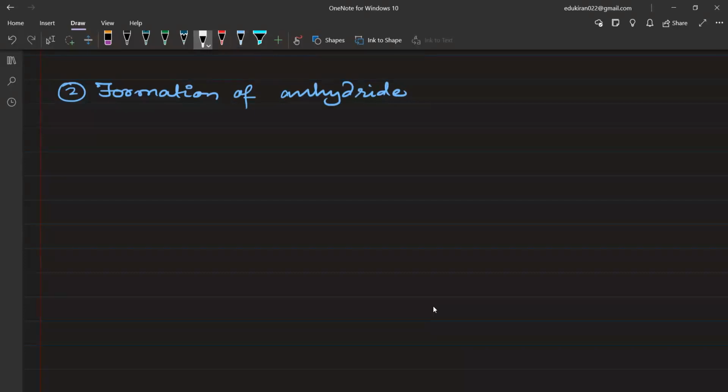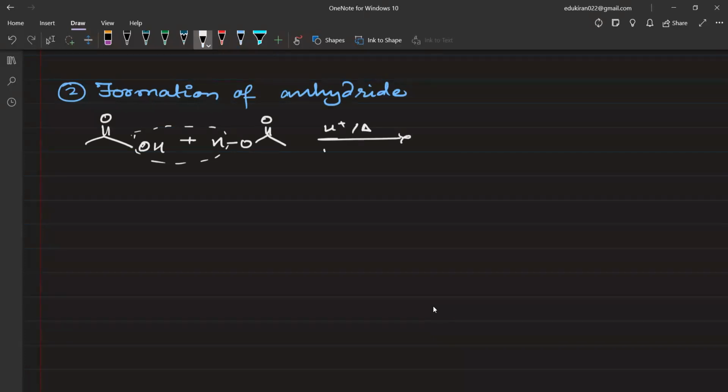If you have carboxylic acid such as ethanoic acid, then two molecules of ethanoic acid, they will react and they will give away water in the presence of H plus and heat or P2O5 and heat, and they will form anhydride.